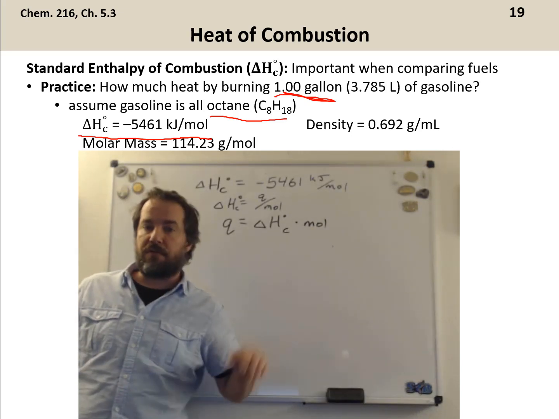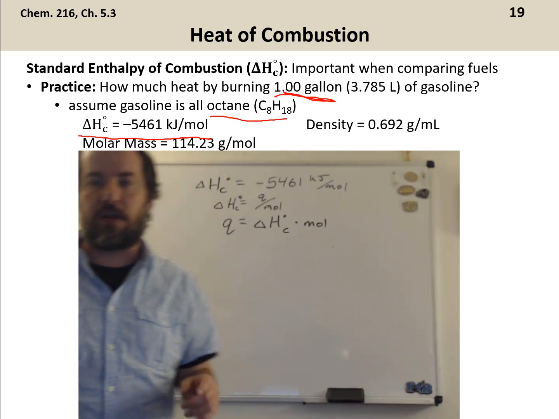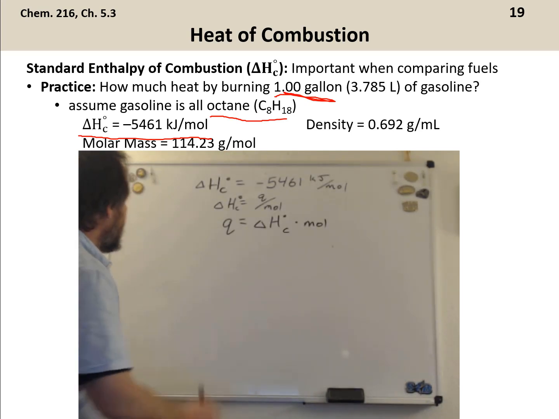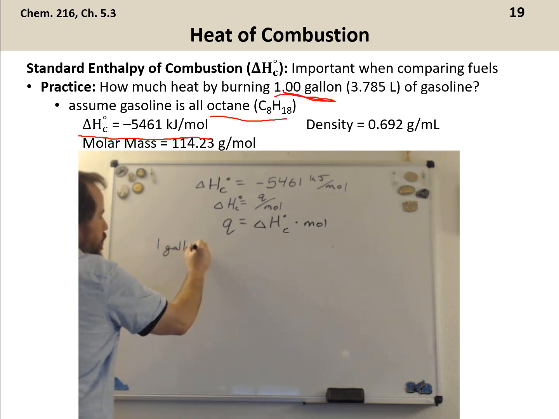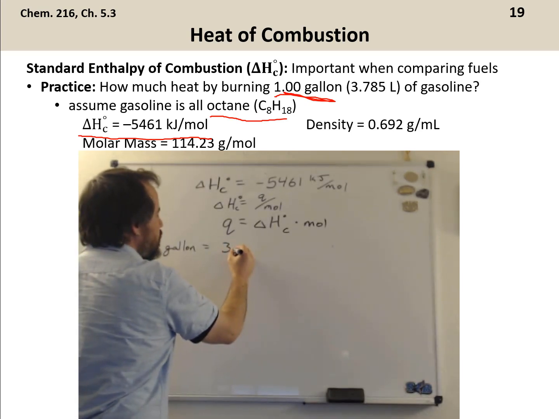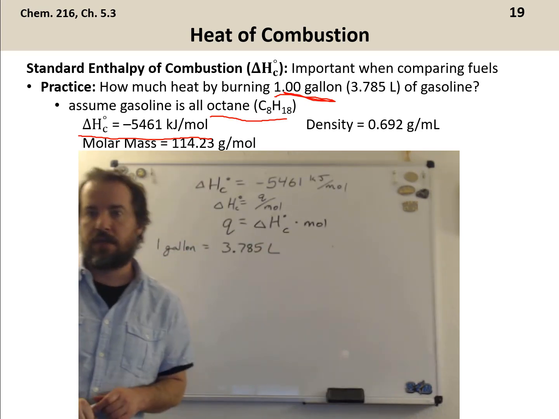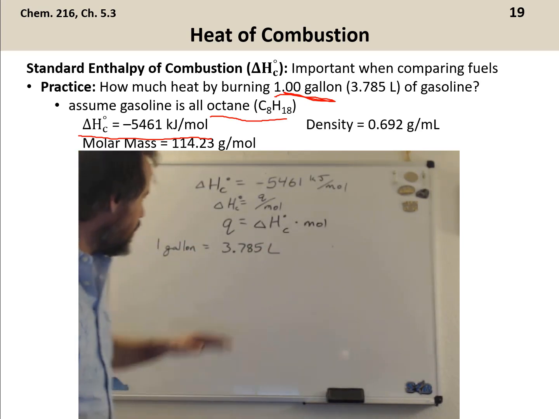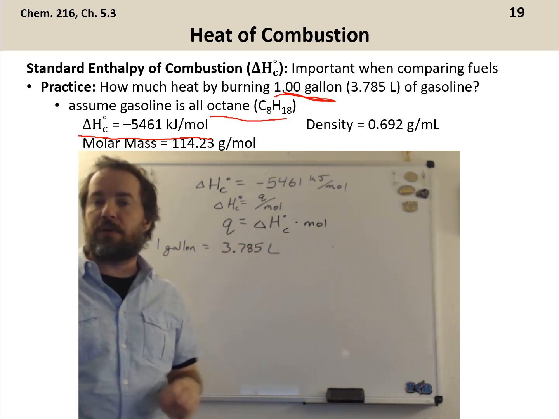We're not given moles of octane, and we're not given grams of octane like we talked about earlier, but instead, we're given 1 gallon of gas, or octane. I already told you what this is, 3.785 liters of gasoline. Okay, so we need to go from liters to moles.